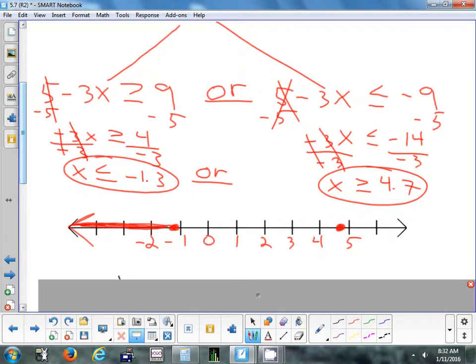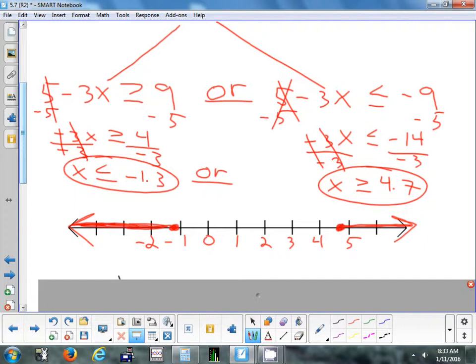So we got an arrow going left from negative 1.3. And Ryan, what about from 4.7? Shade to the right. Yep, we're going to shade to the right. Good. And there's our graph. Now, with an or, is it okay that they're going in opposite directions?